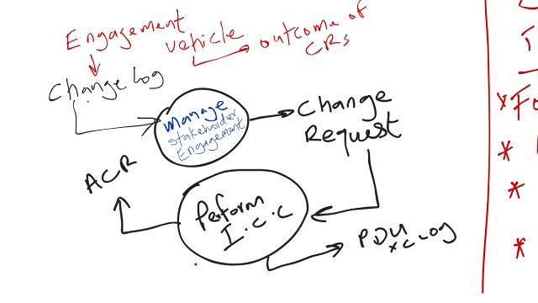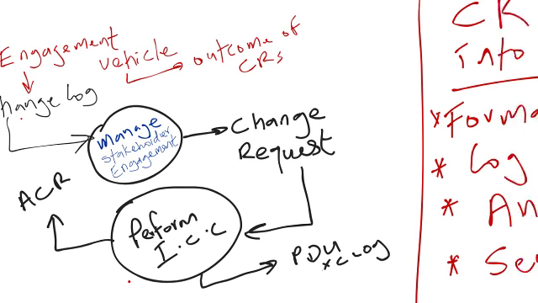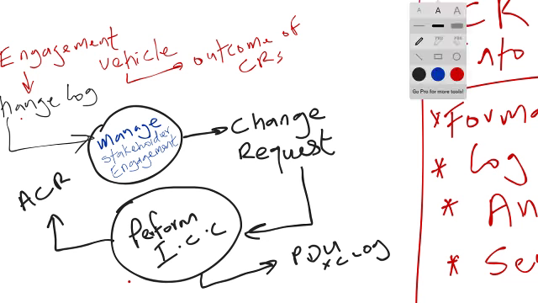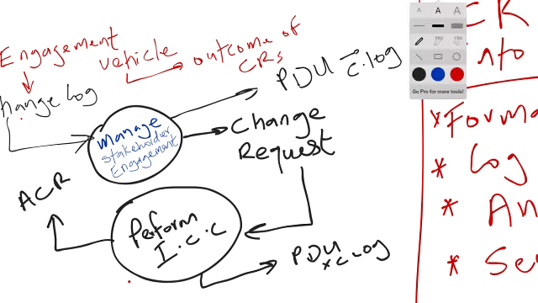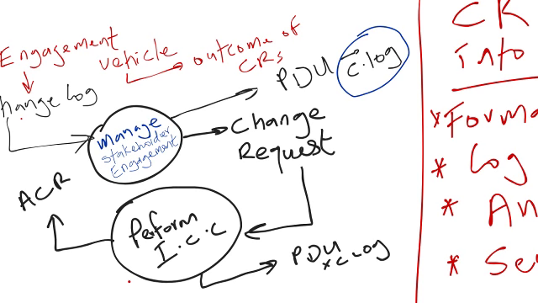So we have the change log going in to manage stakeholder engagement, but you also have those updates. So you've got your project documents updates, and a sub update would be your change log. And the question was, how come we have the change log being updated? Why would it be updated as a result of that process?